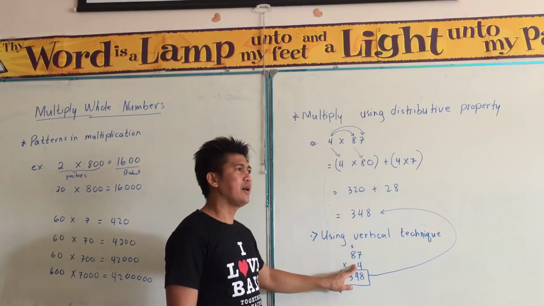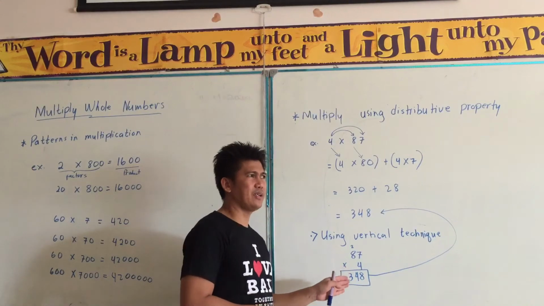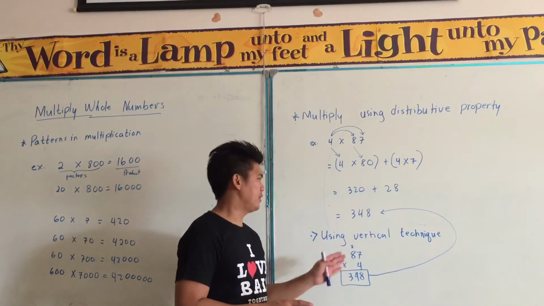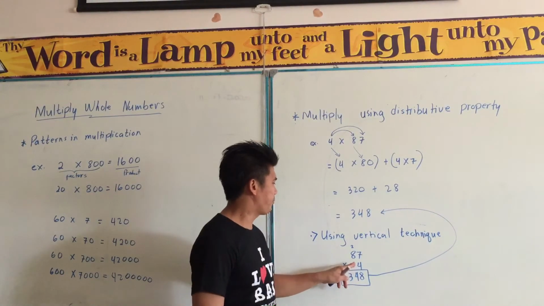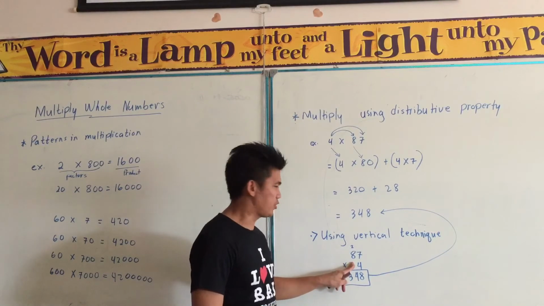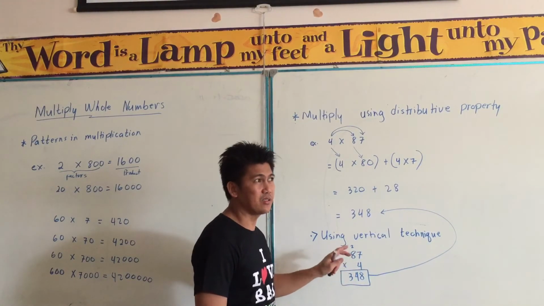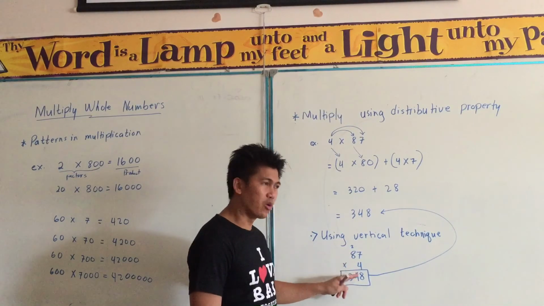4 should be towards the end, under the ones digit. It depends on the number of digits it has. For this one, it's only one digit, so its place is the ones place. So write it under 7, because 7 is in the ones place also. So 87 times 4.